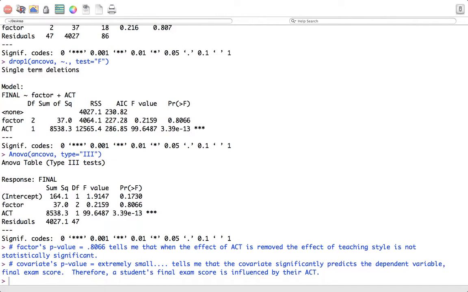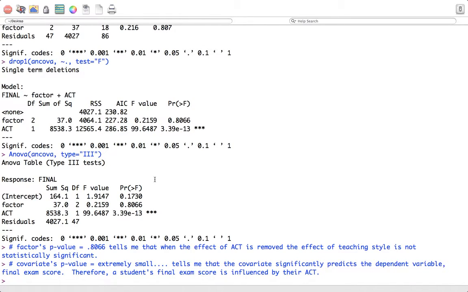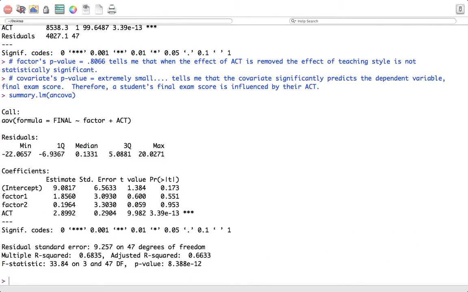Now, let's concentrate on the ANCOVA model that we created earlier, and we want to get into some post hoc stuff. This is kind of cool because it makes you think about regression, and again, regression and ANOVA and ANCOVA are very, very closely related. If we use what's called summary.lm of our ANCOVA model, it creates dummies.